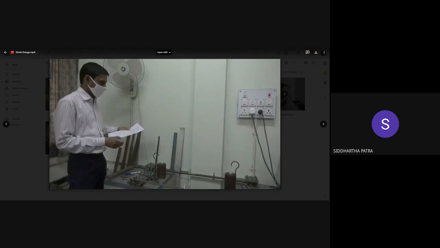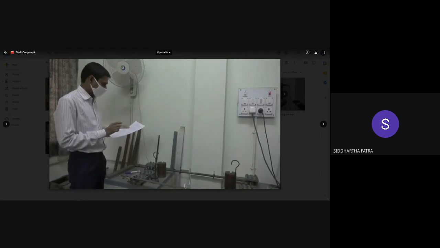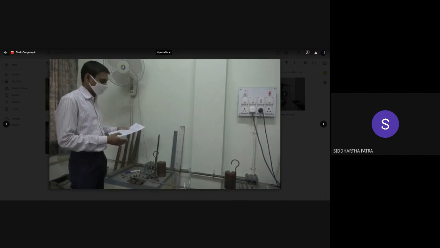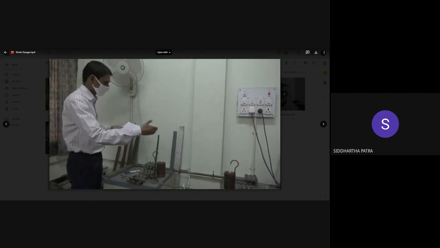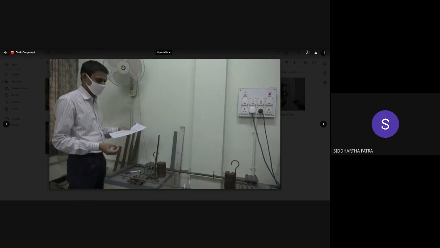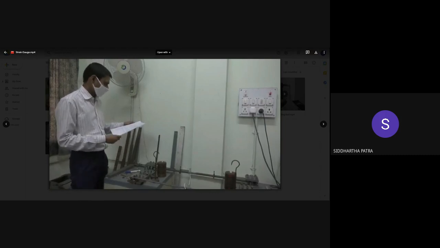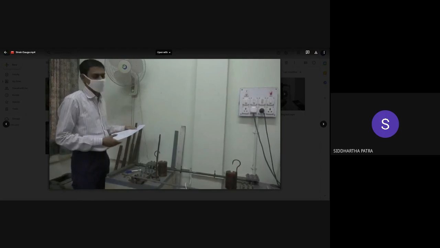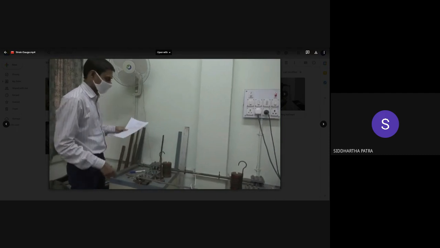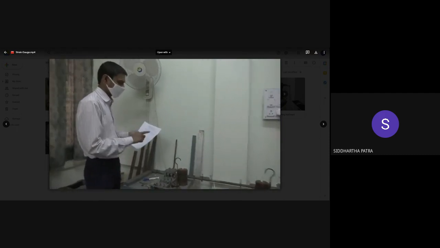That is, from a null point, when the length of the strain gauge is increased, a certain kind of voltage is induced, and if it is decreased, the other kind of voltage is induced. Now, a strain gauge can act both under compression and tension.